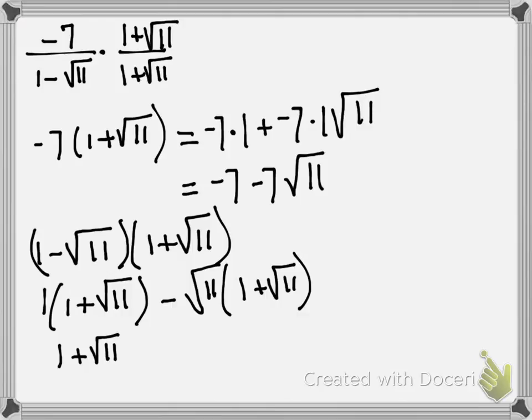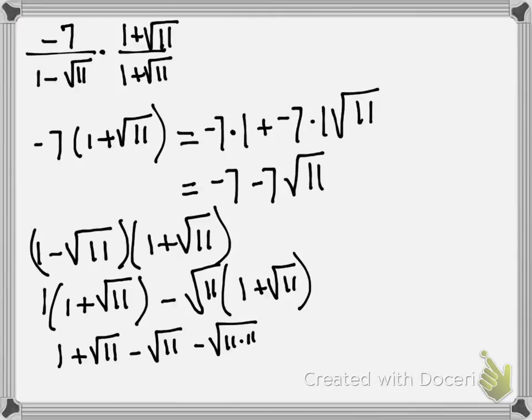So when I multiply that, 1 times 1 plus square root of 11 is 1 plus square root of 11. Remember, ladies and gentlemen, anything multiplied by 1 is simply itself. So negative square root of 11 times 1 plus square root of 11 becomes negative square root of 11 minus the square root of the product 11 times 11.